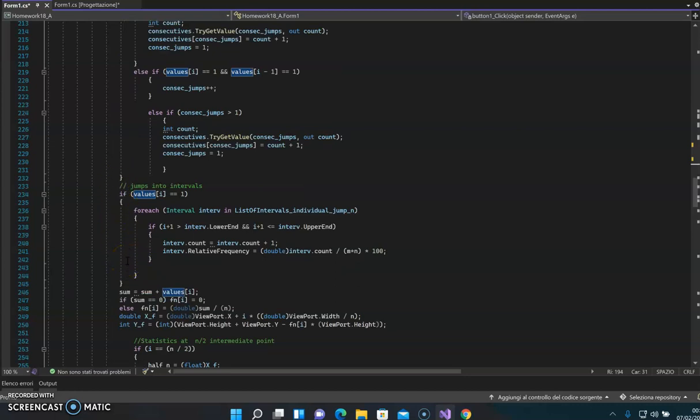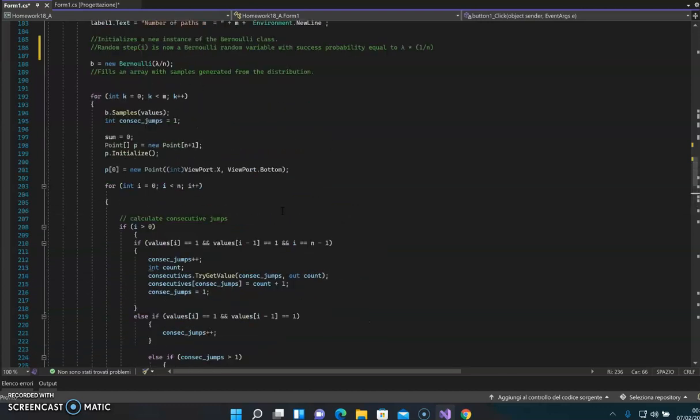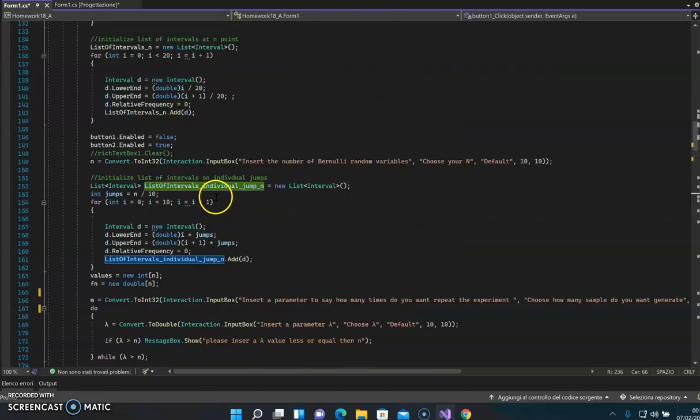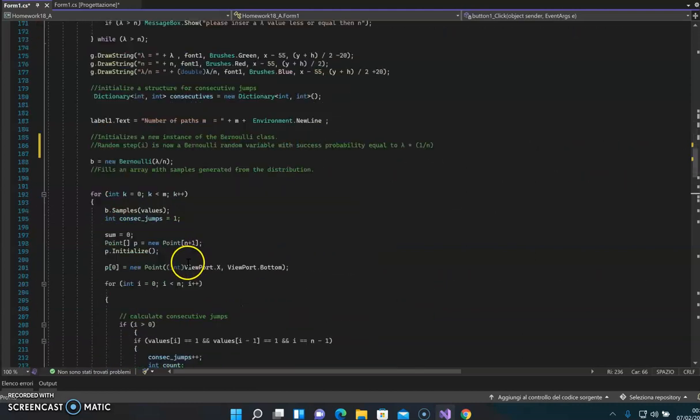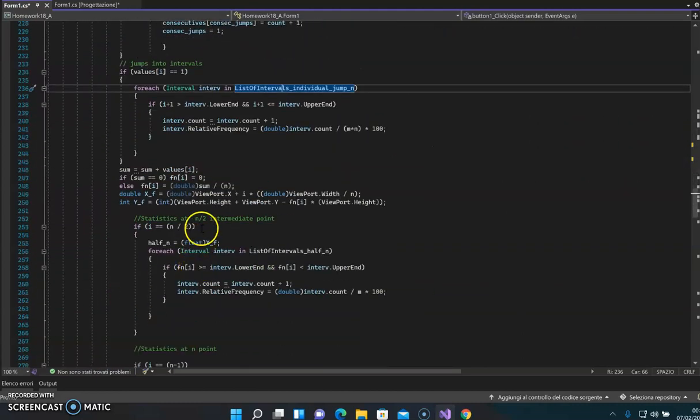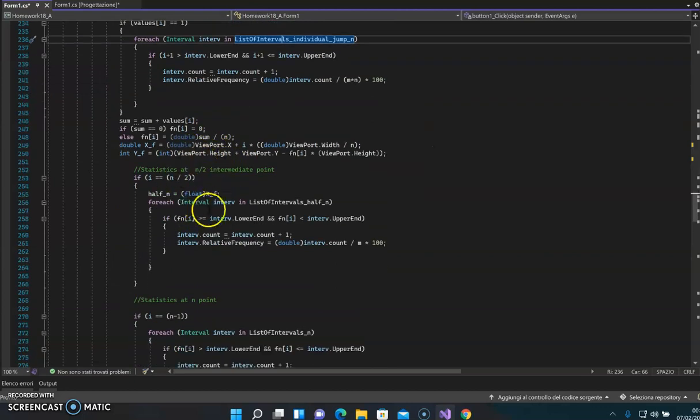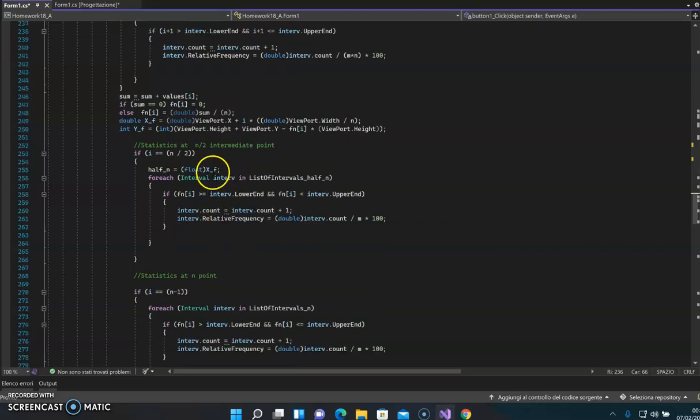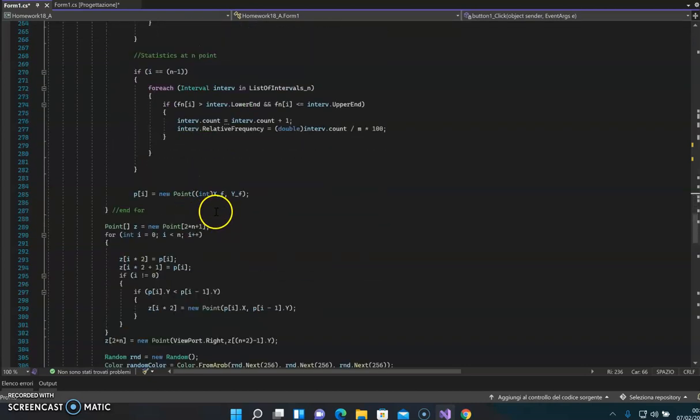For example, we divide the intervals into 10 equal parts. And then we compute the statistics of our distributions of several experiments for each distribution at 2 points, half n and n.